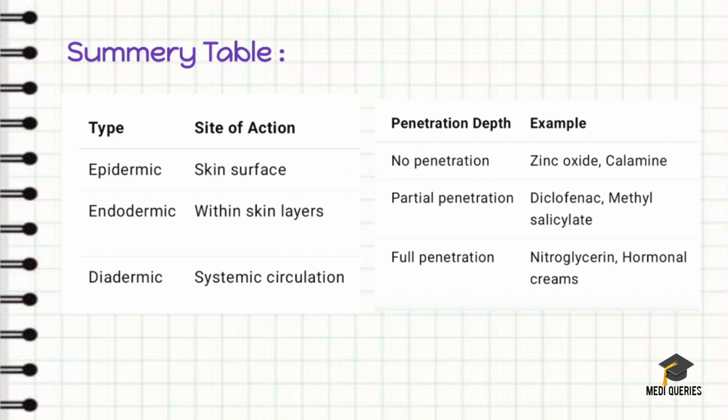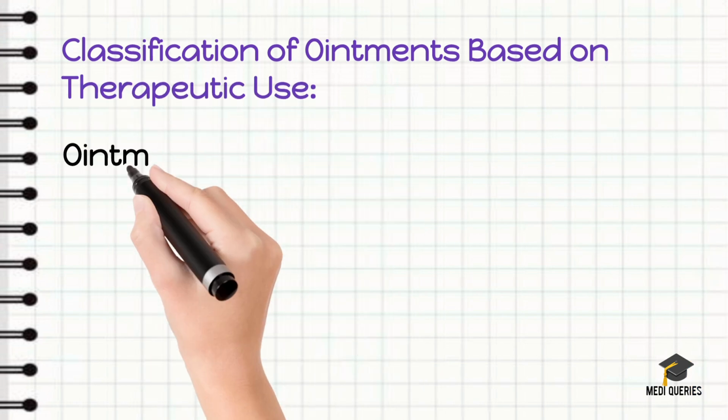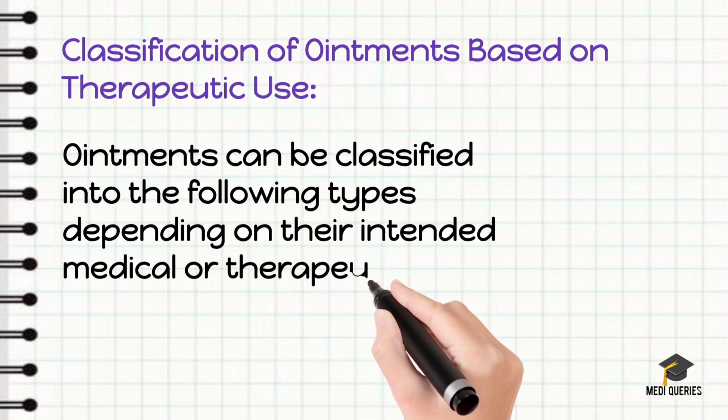Okay, and next type of ointment classification is based on the therapeutic use. So ointments can be classified into various types depending on the intended medical or therapeutic actions.